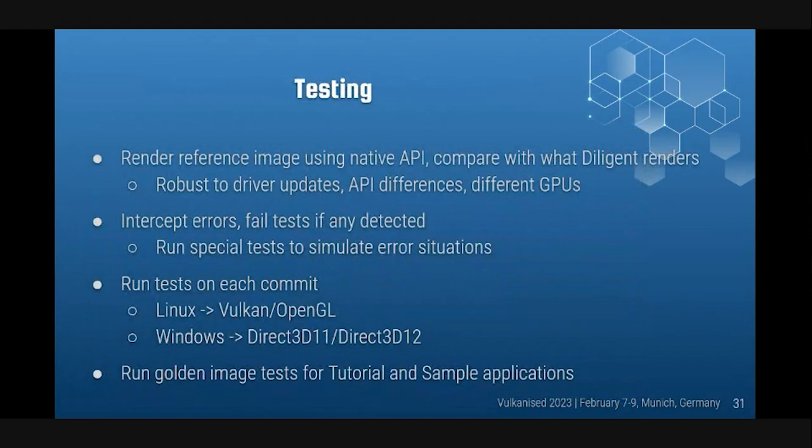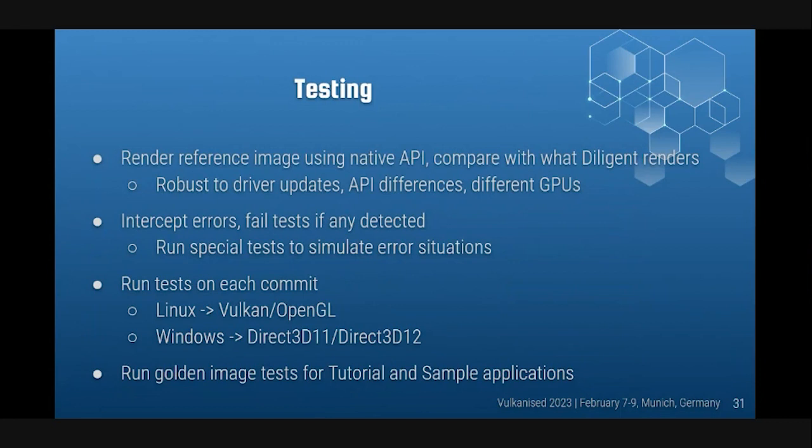Finally, I want to just talk a little bit about testing. We really care about stability and robustness of the engine, and we pay a lot of attention to testing. So there are a few ways we perform continuous integration.